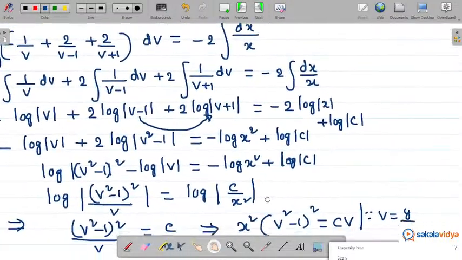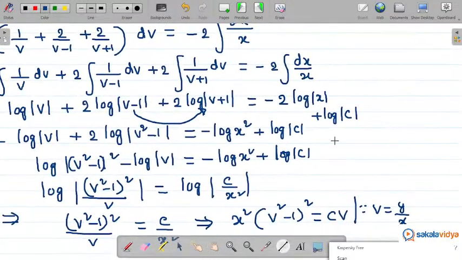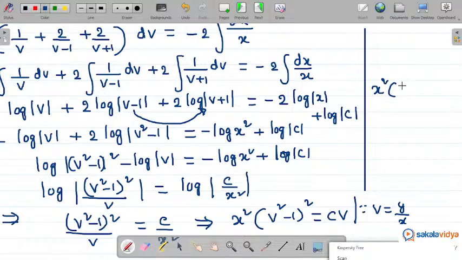Let us simplify here itself. So now we can write x square into y square upon x square minus 1 whole square equal to c y by x. So this we need to simplify.